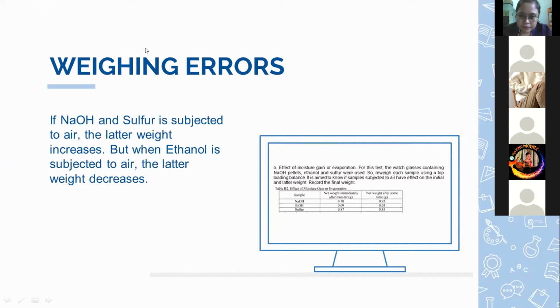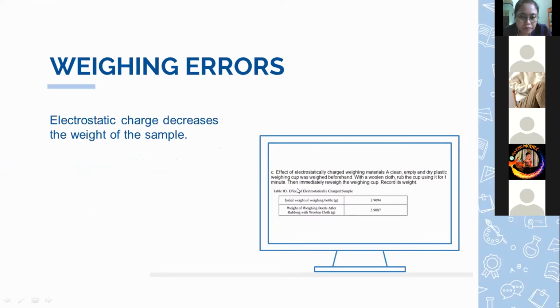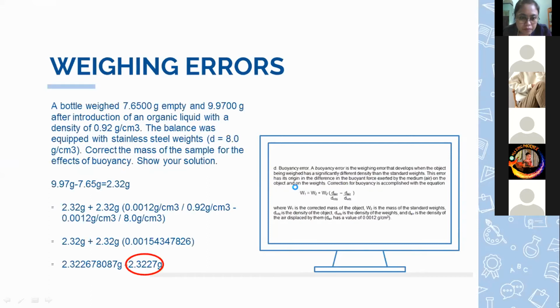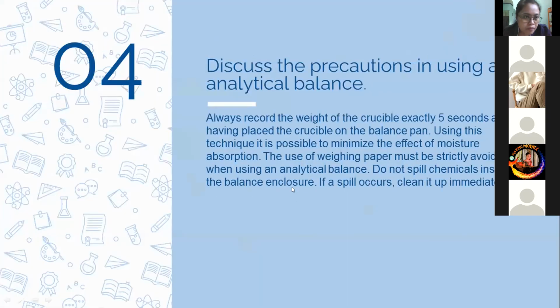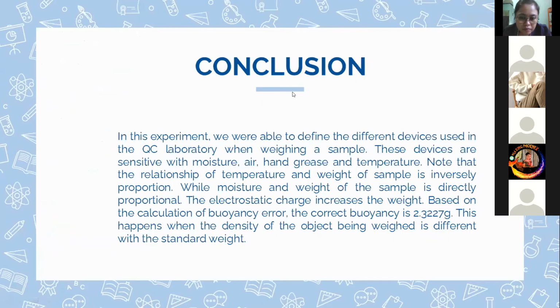So for our conclusion, in this experiment, we were able to define the different devices used in the QC laboratory when weighing a sample. These devices are sensitive to moisture, air, hand grease, and temperature.